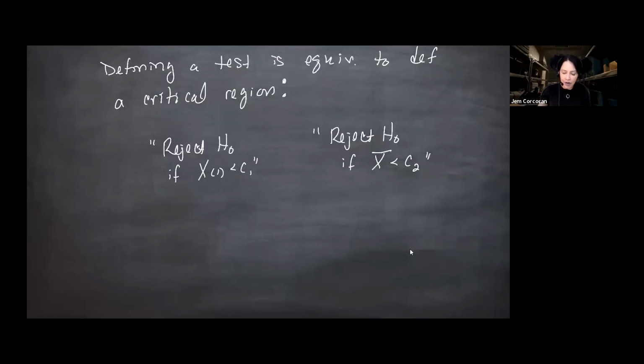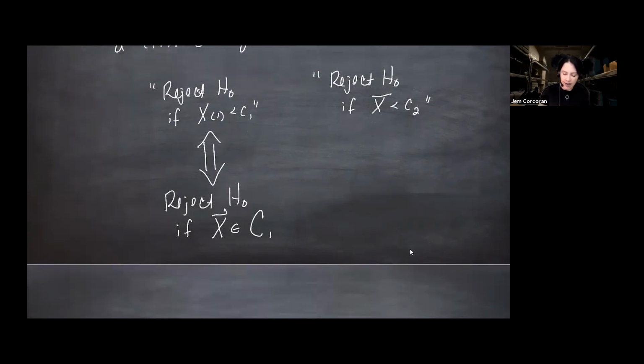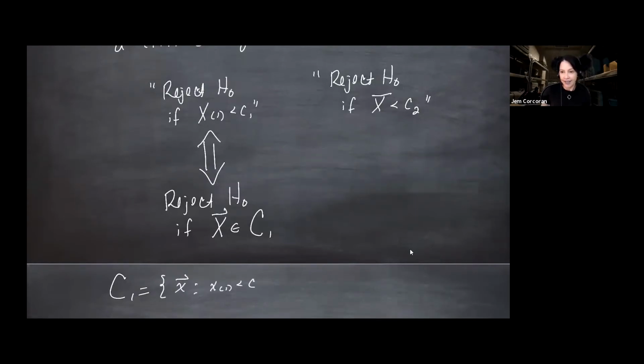And now I want to write this as: reject the null hypothesis if the random X vector is in a set C1 known as a critical region, where this is defined to be the vectors of x such that the minimum in that vector is less than c.